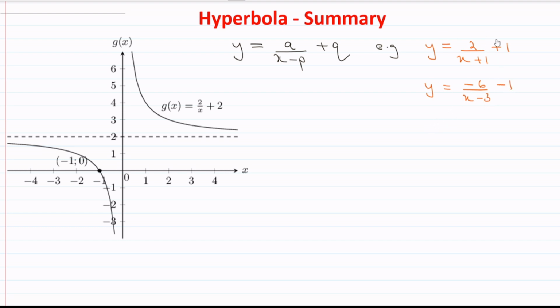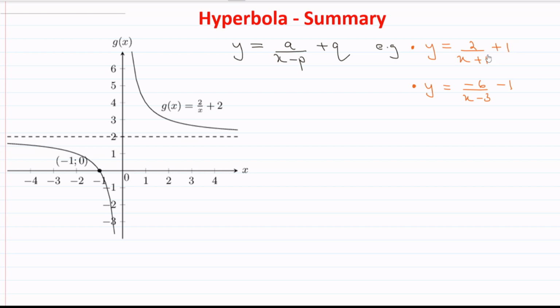In these two equations that I have written over here, you will find that both of them take this format where y is equal to a. There's a number here for a. We can say here that our a is 2, over x plus 1 plus 1.